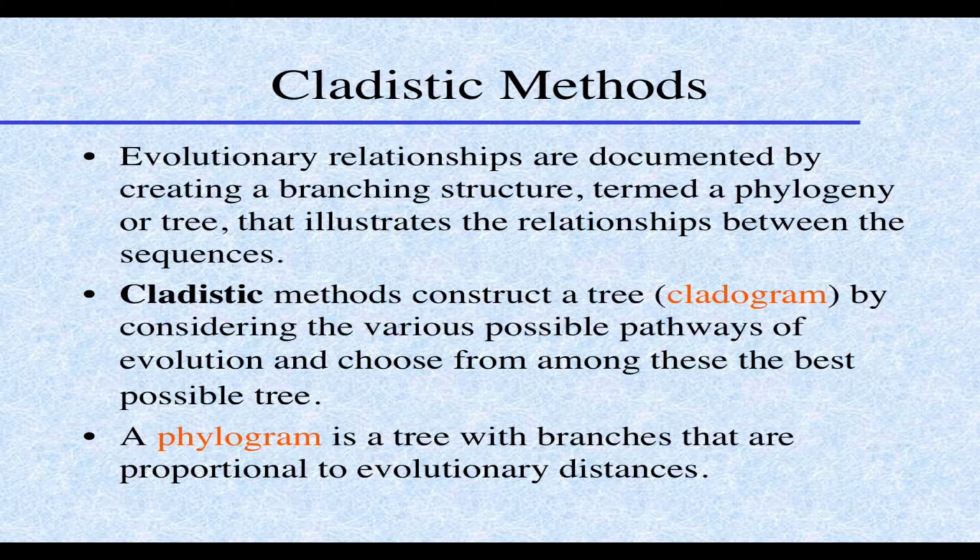And those features could be anything that you want, any sort of phenotype that you can observe about your organism. And you consider various possible pathways of evolution for those features and choose from them the best tree, the one that brings together the organisms by sharing of conserved features.